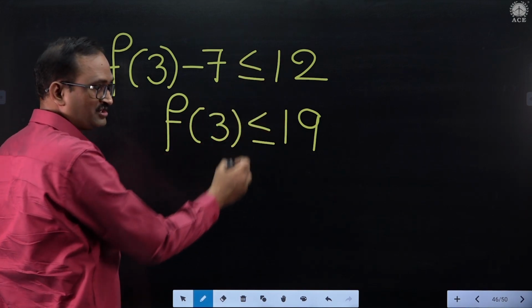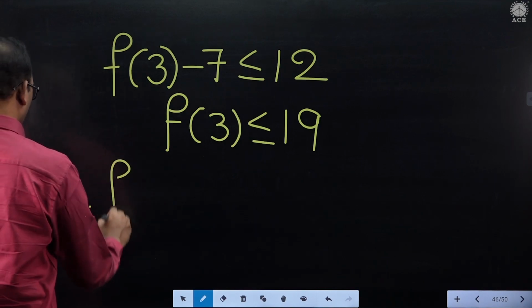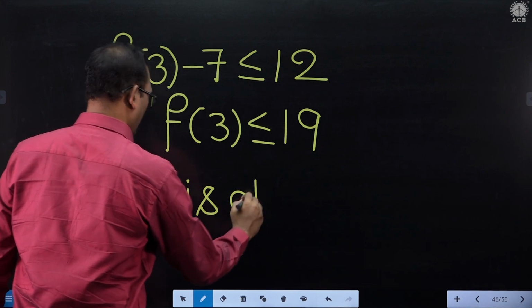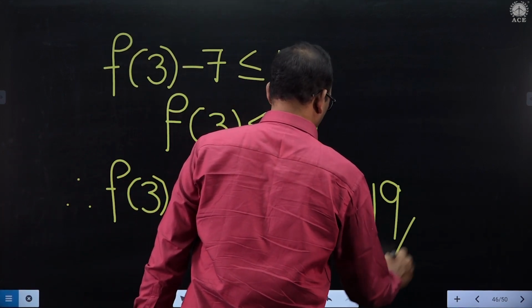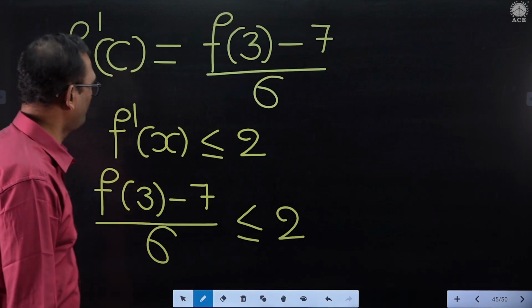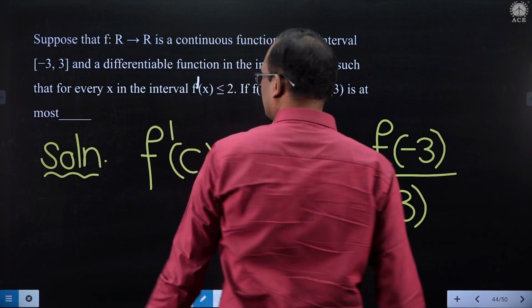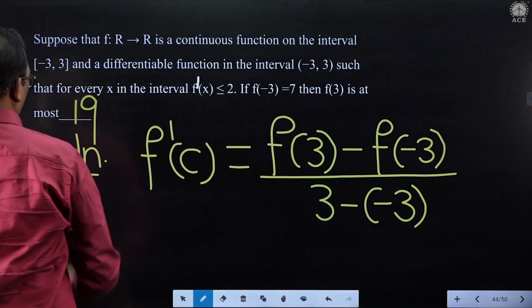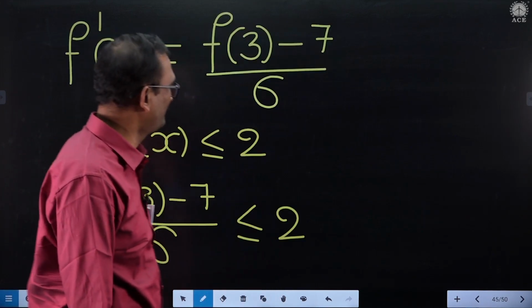Less than or equal to means maximum or at most. Therefore f of 3 is at most 19. Let us see the next problem.